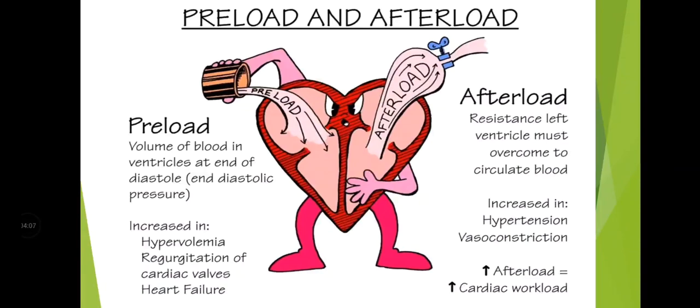So if the blood that gets ejected out is reduced in conditions like heart failure, it means the cardiac output reduces. But in hypervolemia, where you have increased blood volume, you have an increased volume of blood filling up the ventricles.